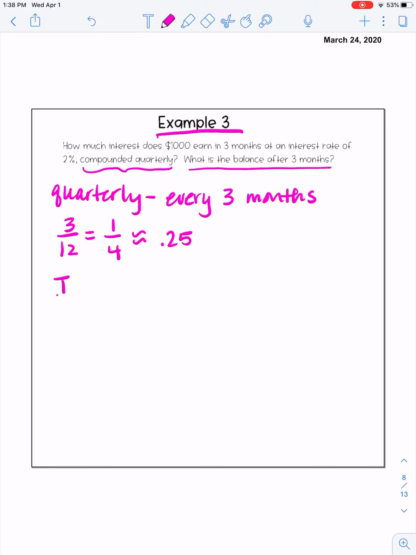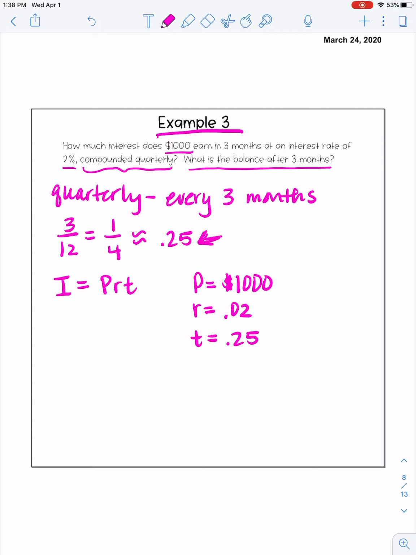So I need to find my interest with my PRT formula. P is equal to 1,000. That's what I'm starting with, right, from here. R is my rate. That's 2%, so that's going to be 0.02. And my time is 1/4 or a quarter.